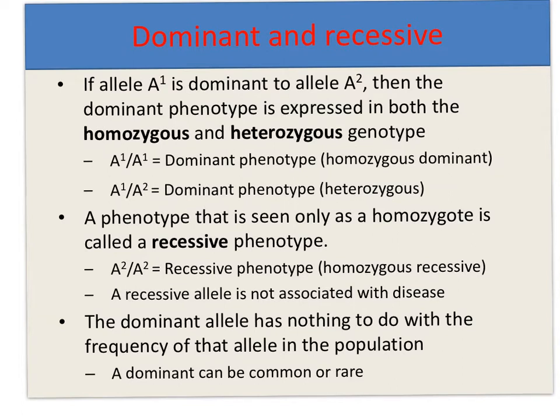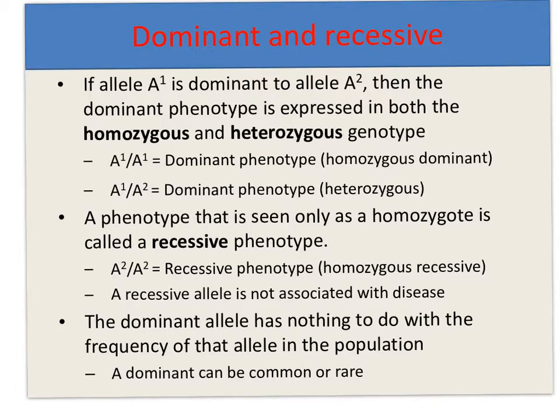Okay, so instead of HBA, HBS, we'll just say A1 and A2. It's two alleles. You have two homozygote genotypes. If A1 is dominant to allele A2, then the dominant phenotype is expressed in both the homozygous and heterozygous genotype.